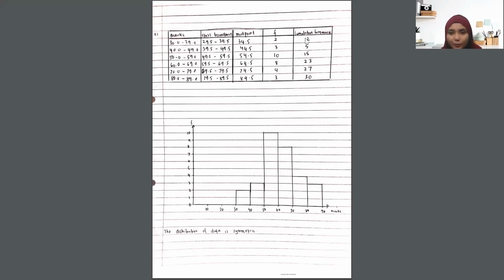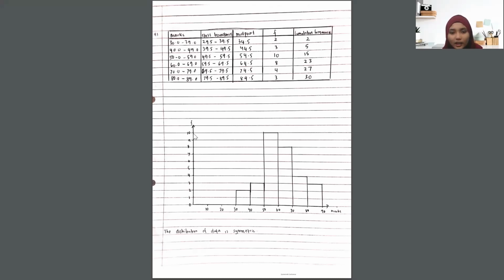For example, we start with 2 from the frequency, and then we add 2 plus 3, and we get 5. 5 plus 10, we will get 15. 15 plus 8 is equal to 23. 23 plus 4 equal to 27. 27 plus 3 equal to 30. And these are the values of the cumulative frequency for this question.